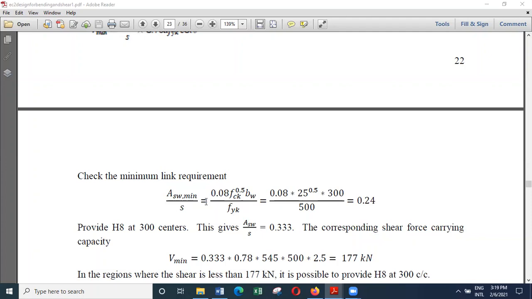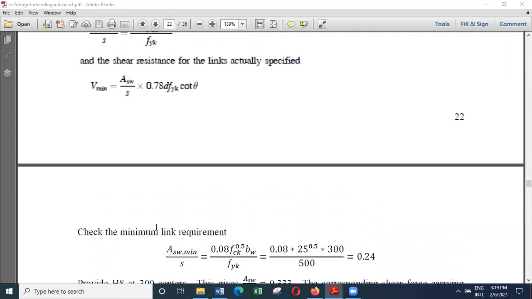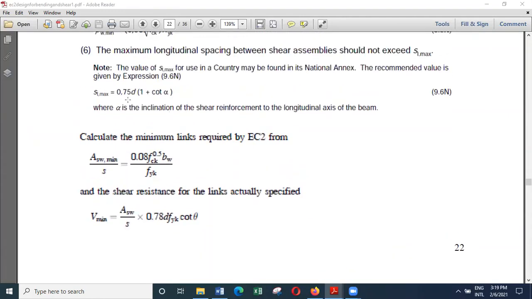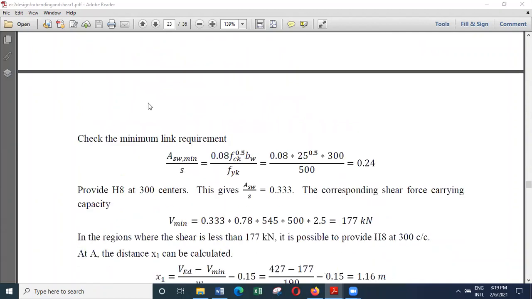And if we select 8 millimeter bars at 300 centers, because we have to be mindful that the maximum spacing of reinforcement is equal to 0.75 D, and the effective depth is 545 millimeters, so we cannot be going for very high spacings. So the spacing that we need in the center part of the beam will be H8 at 300. So we'll select H8 at 300.